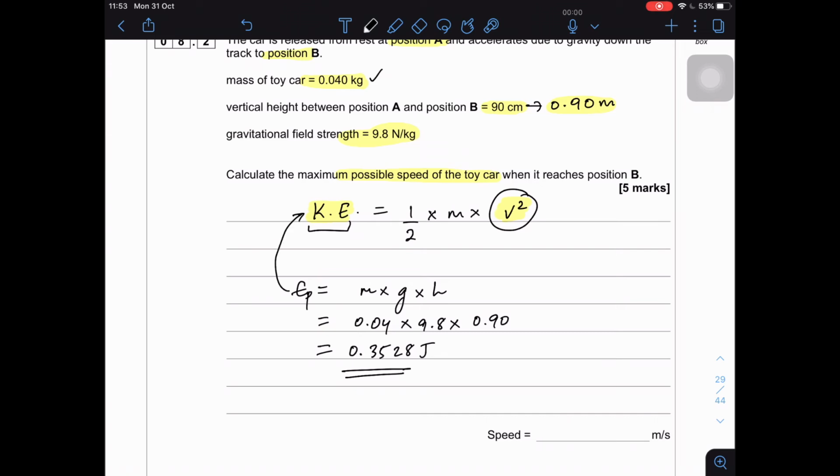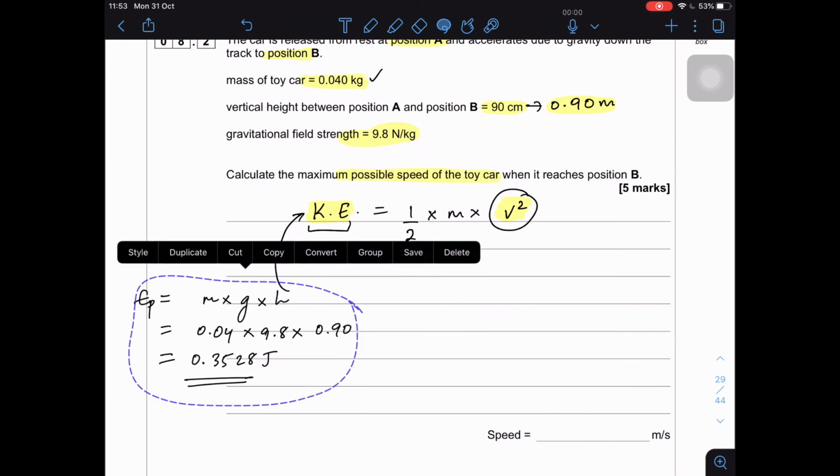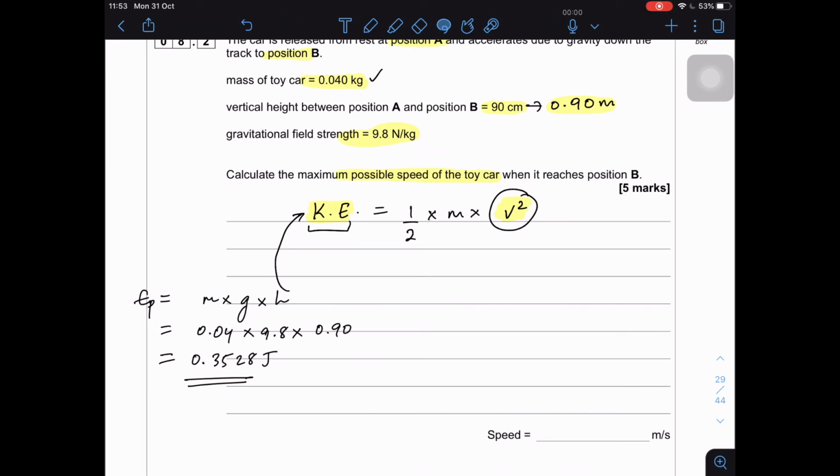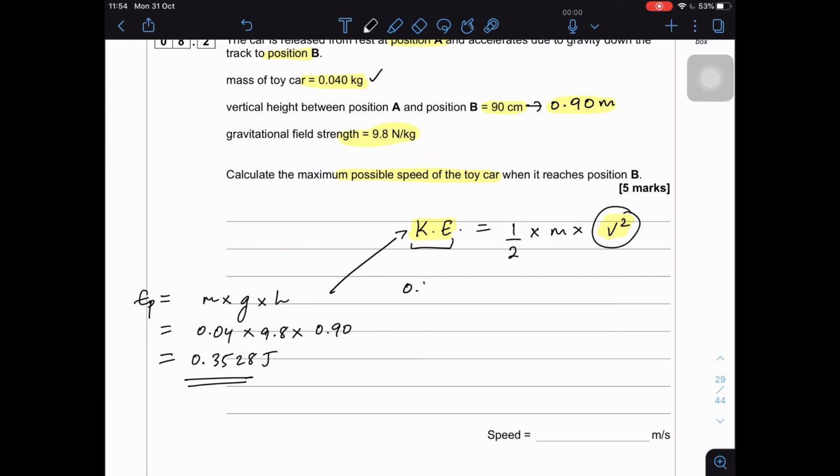Now this potential energy is being converted into kinetic energy. So I'm going to move this here so that it's convenient for us, and move this closer here. This arrow is pointing in the wrong direction. So now you have 0.3528 equals half, mass is given, 0.04 kilograms, times v squared.